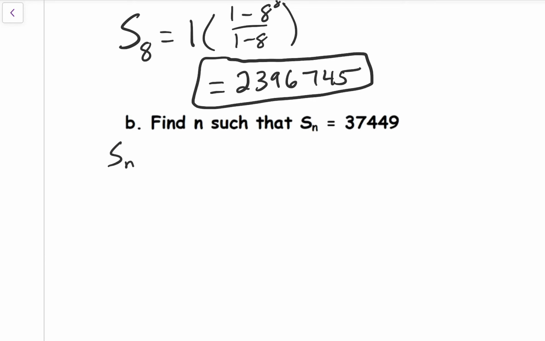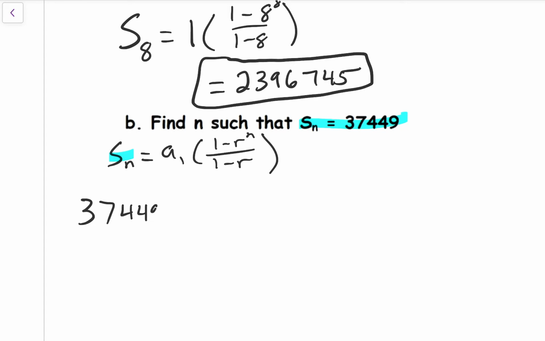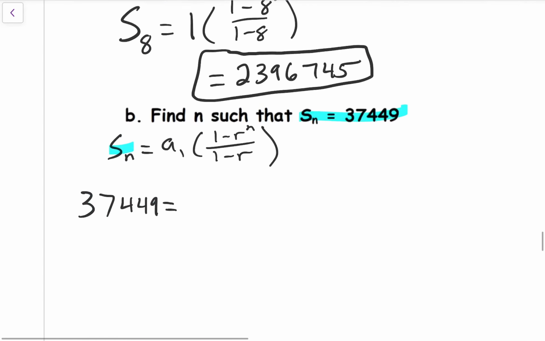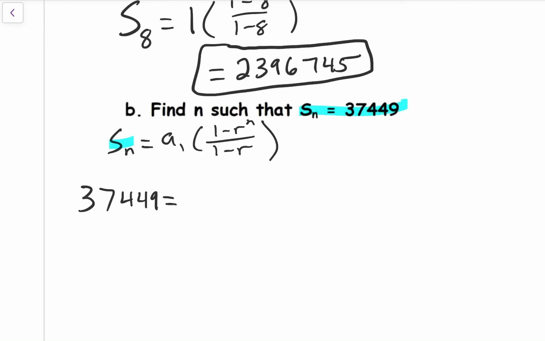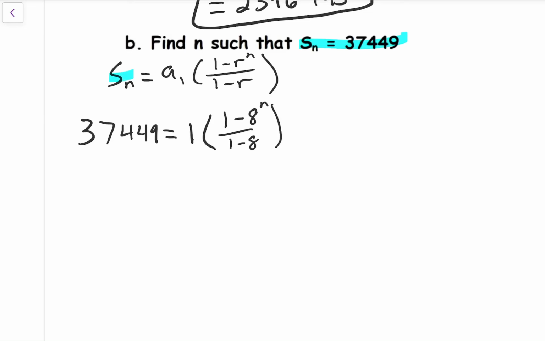Again, given a specific sum, we have S sub n is equal to a1 times 1 minus r to the n over 1 minus r. I know the sum is that, so I'm going to take that and plug it in. 37,449 is equal to a1, which is 1, times 1 minus 8 to the n, over 1 minus 8.